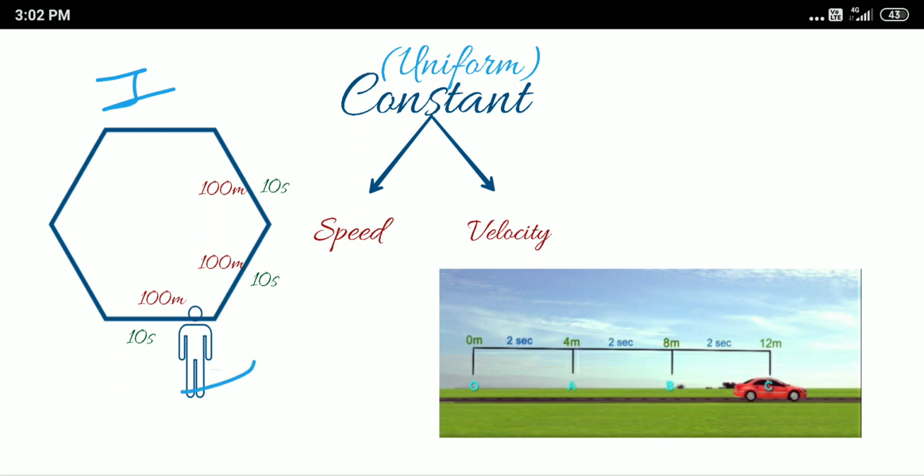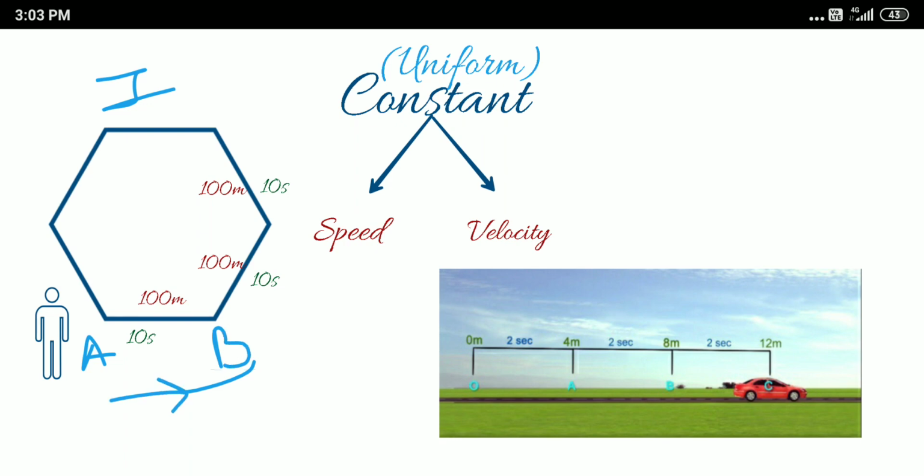Suppose a person is standing here, moving from A to B and covering 100 meter distance in 10 seconds. Now the person will be at B, moving to the next place. Now say it will be C.